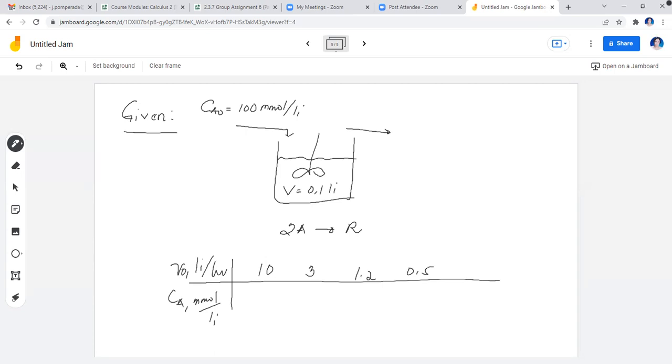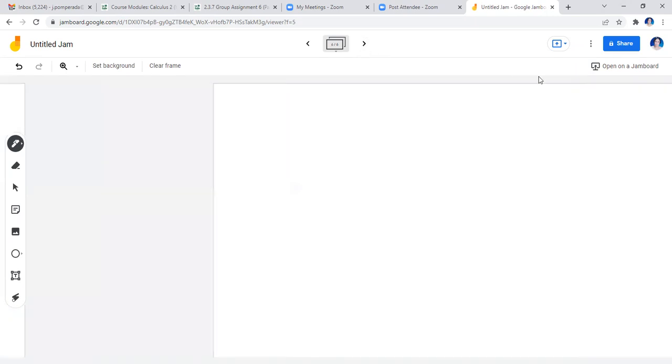Based on these runs, these are the measured remaining concentrations of A, the unreacted A. So this is the information made available for us to use. We are after the rate equation. Okay, so we go to our solution.